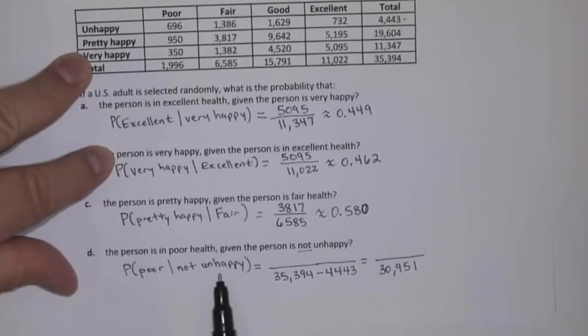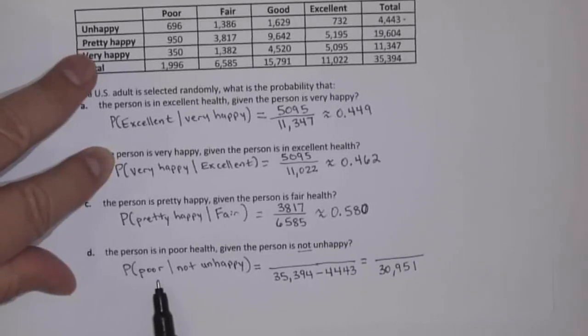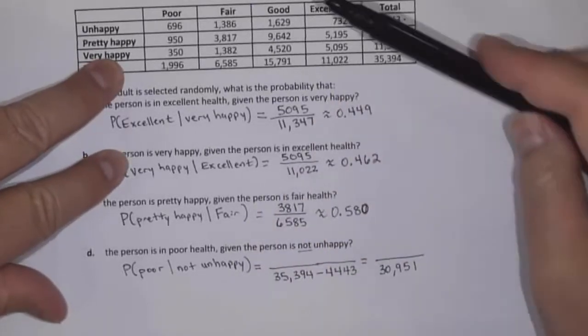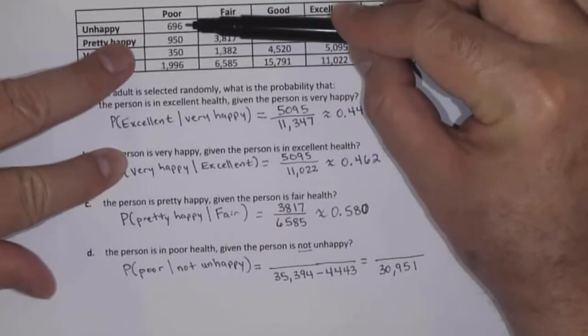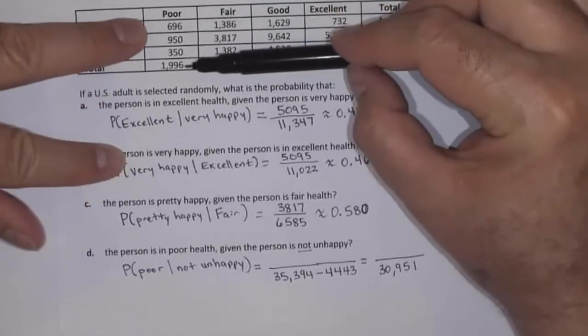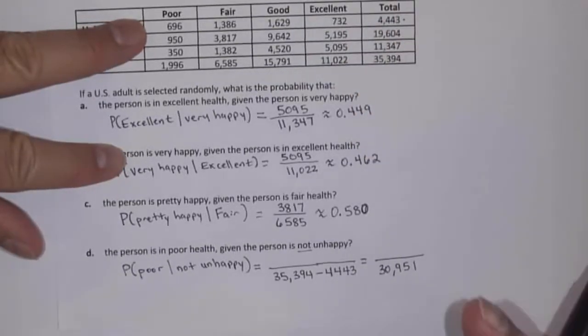Now, of those not unhappy individuals, we've got to figure out how many individuals are in poor health. Well, there are 696 individuals who are unhappy and in poor health out of the 1,996 individuals who are in poor health. So we can do the same kind of thing here.